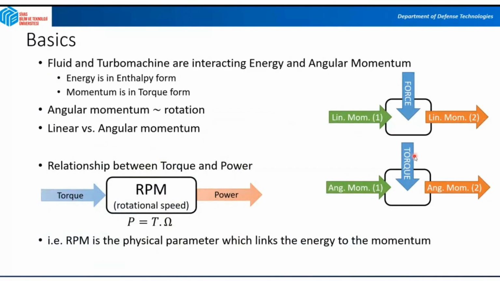Okay. These are again some of the basic things that you have to understand. The first thing is that we said that we have an interaction between fluid and turbo machine, an interaction of energy, and on the other side we have an interaction of angular momentum as well.